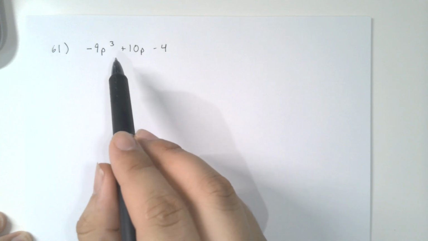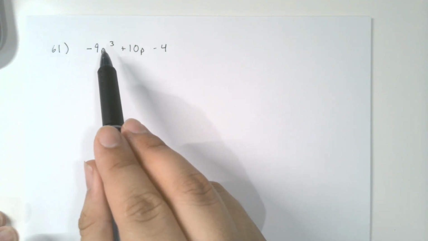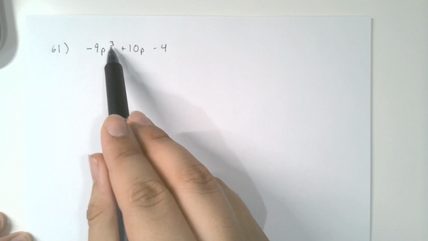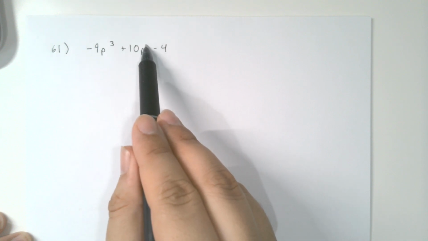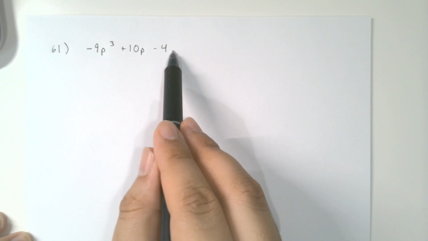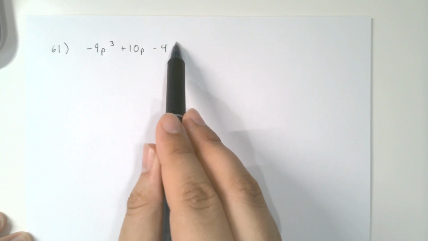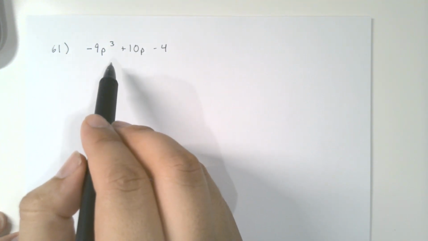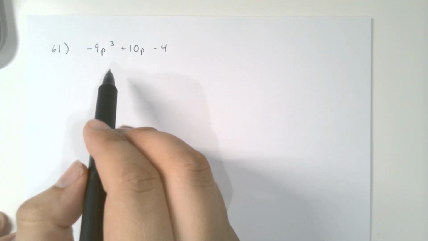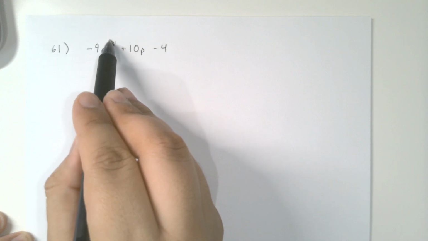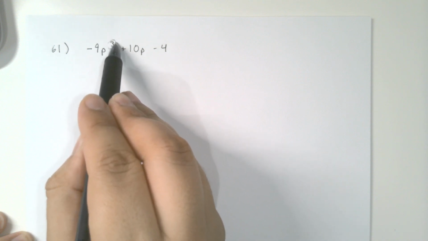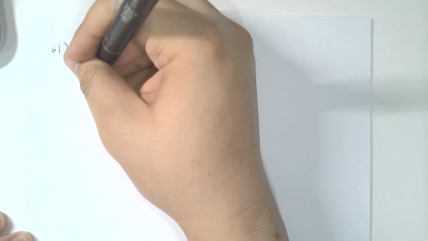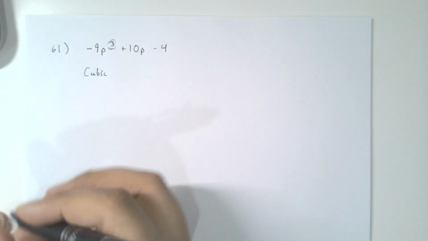It's already in standard form because our powers of p are in descending order: a 3, implicitly a 1 right here, and then p to the power of 0. To name the type, we just have to identify the power of p. This is a 3, so we say that this is a cubic polynomial.